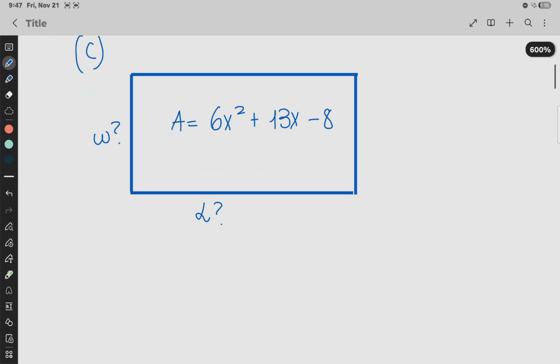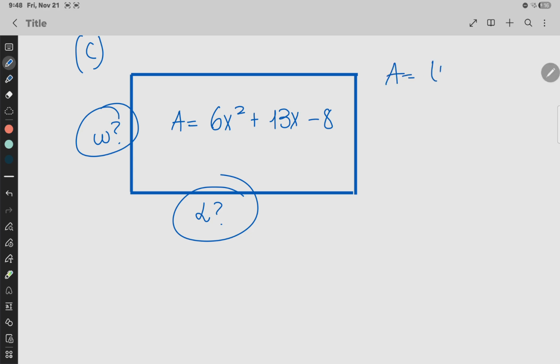Okay, so on to a shape question. Here it gives you the area of this rectangle equals 6x squared plus 13x minus 8, and it asks for the length and width. So what does this question even ask us? It's asking us for the length and width, but we know that the area equals length times width, right?